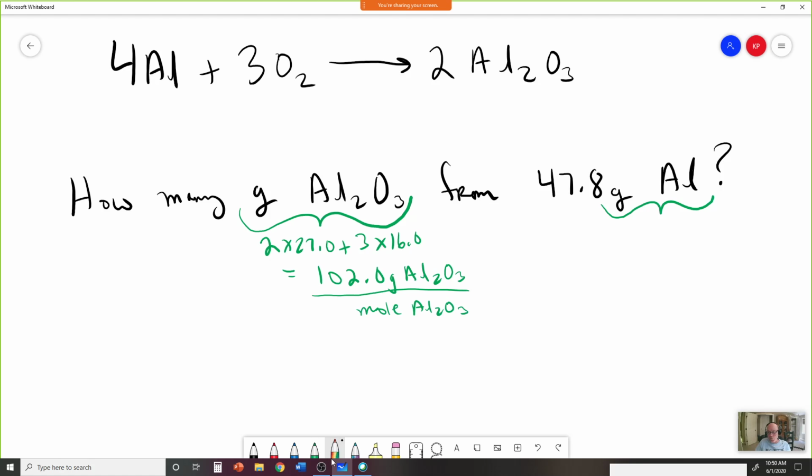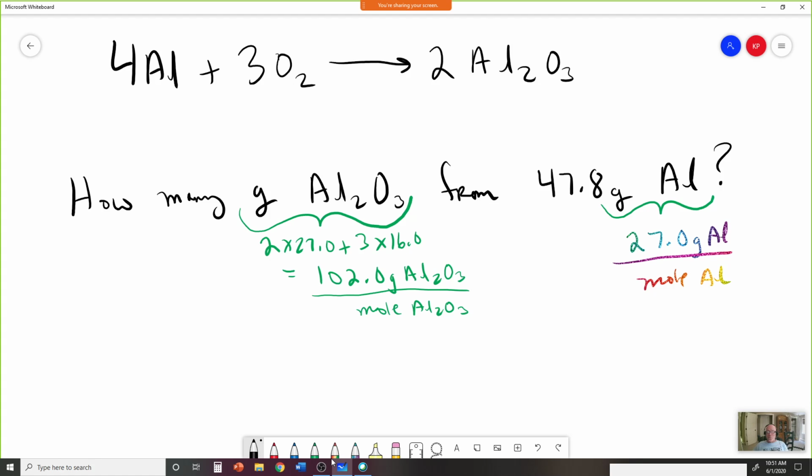And I look over here and I see, you know what? There's another grams, and I look on my periodic table. I have grams aluminum for every mole aluminum. Now I got both of these off the periodic table.